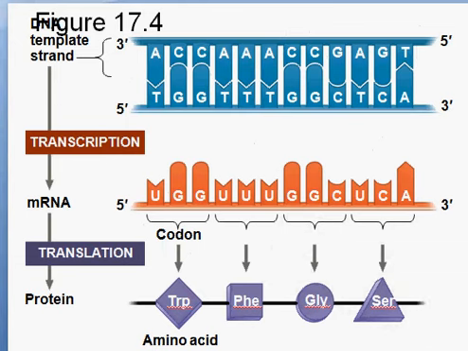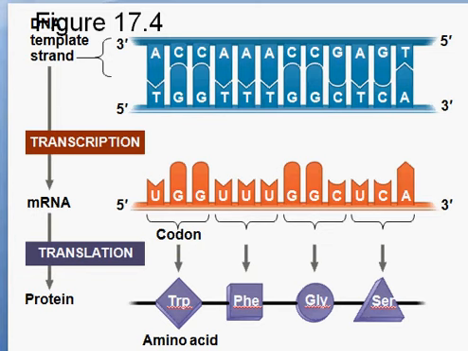And that starts with looking at our messenger RNA in terms of its 3-letter codes, or the triplet code that we call a codon. So during translation, the messenger RNA is actually read in triplets called codons, and it's read in the 5' to 3' direction.